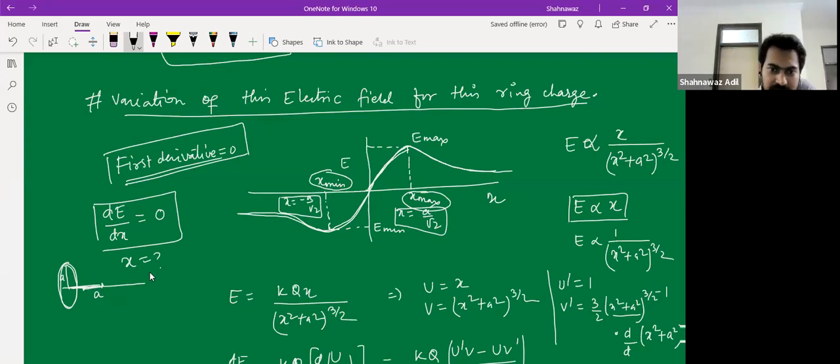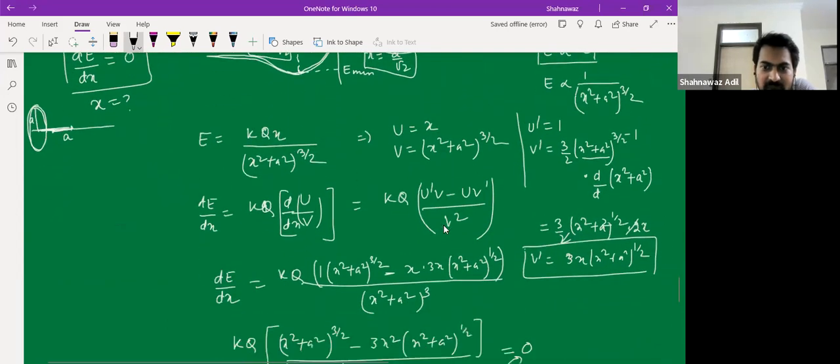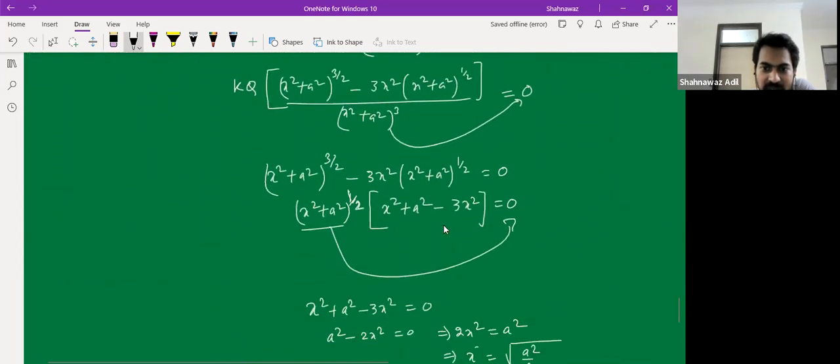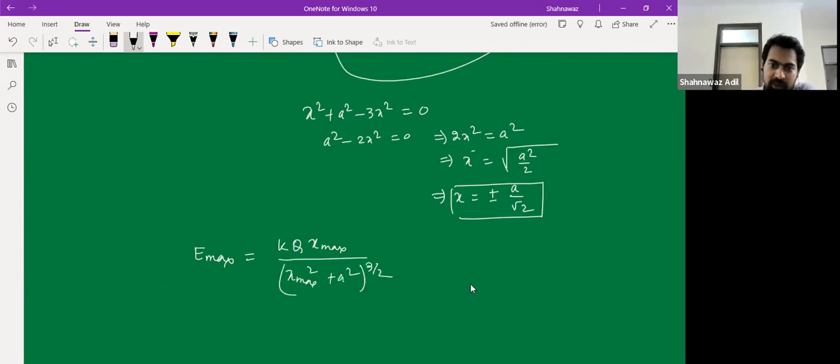Okay, so we have found out the values of these x, and now we have to find the values of the maximum and the minimum electric field. Right. So E max would be how much? K Q x max divided by x max square plus a square to the power 3 by 2.